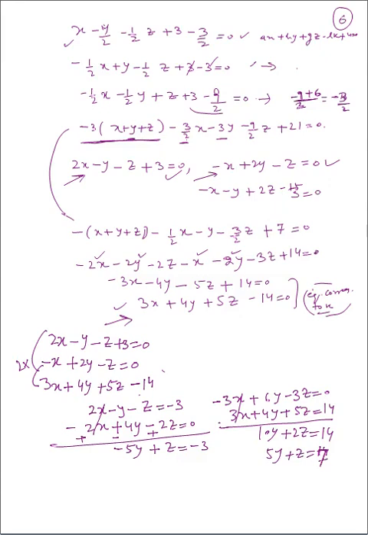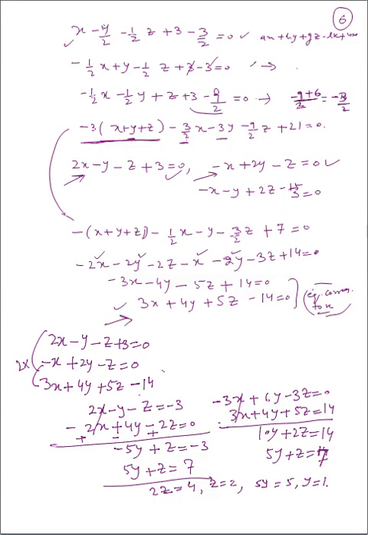So we add, 2z is equal to 4z is equal to 2 and 5y is equal to 5, y is equal to 1.